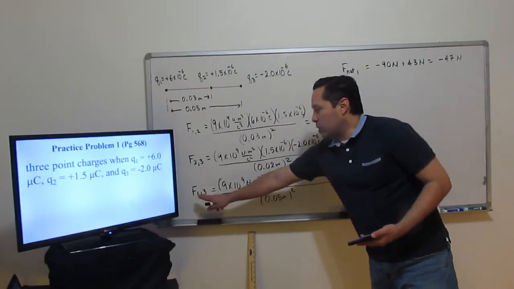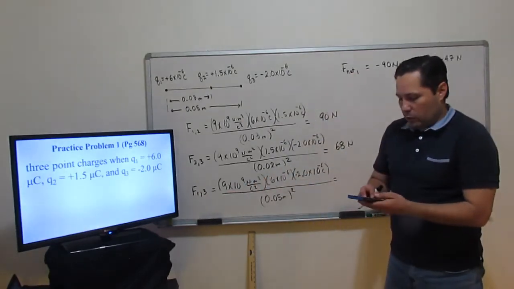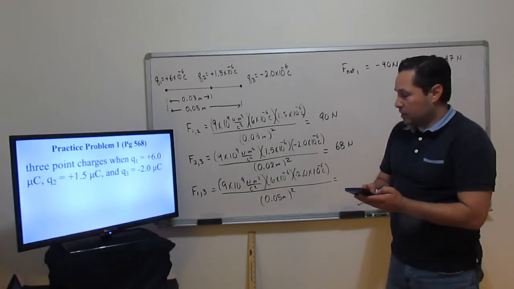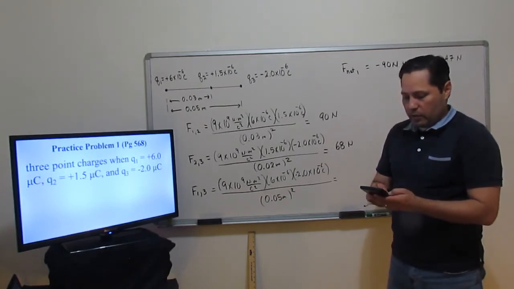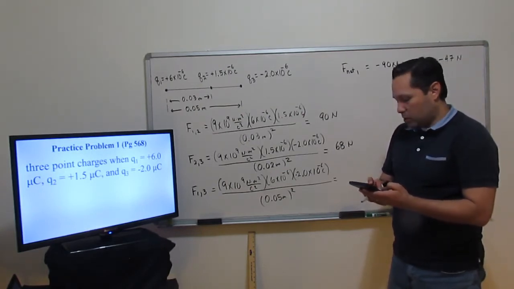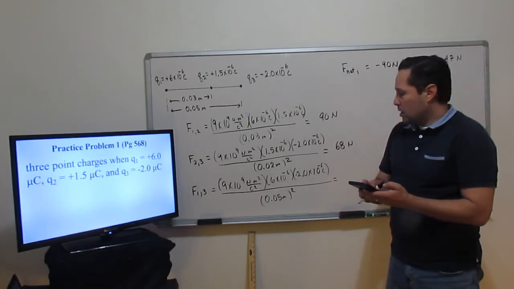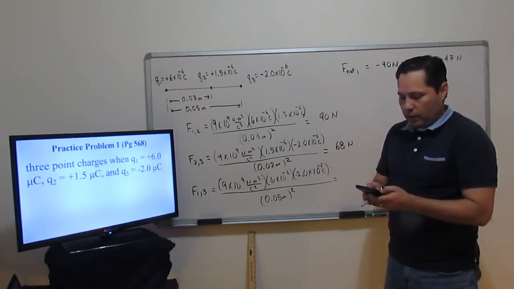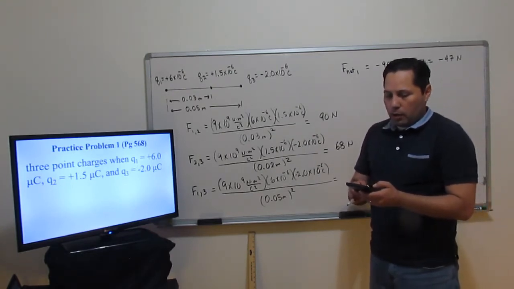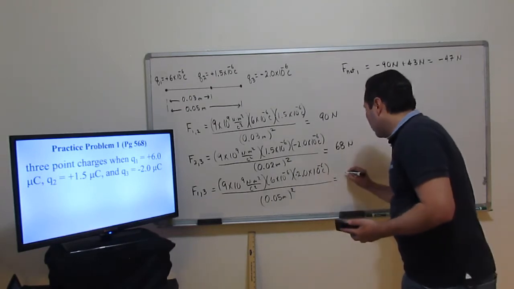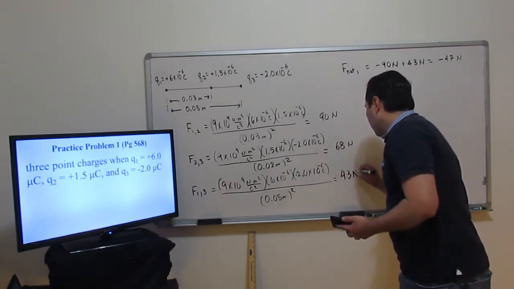For the force between 1 and 3, we put 9 times 10 to the 9 times 6 times 10 to the negative 6 multiplied by 2 times 10 to the negative 6 divided by 0.05 squared. Our answer, rounding up slightly, is 43 newtons.